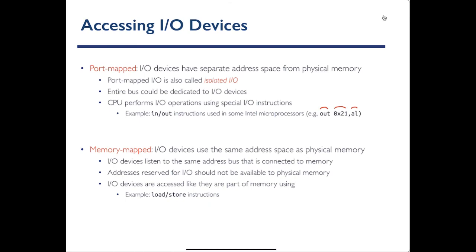If you had used store, for example, the same address, AL, this would send the value of this register to this address in memory. So load and store would use the memory bus, in and out would use the IO bus. Now, this is not very common in modern architectures.